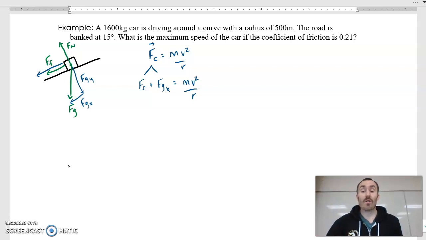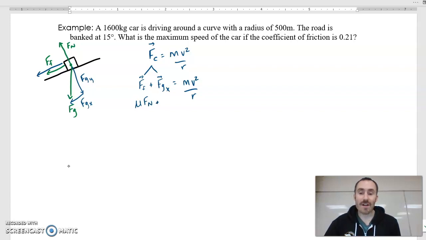So now we are going to have to expand these two parts of centripetal force into their formulas. Okay, so force of friction, I should put vector symbols on these things. The force of friction is the coefficient times the normal force.